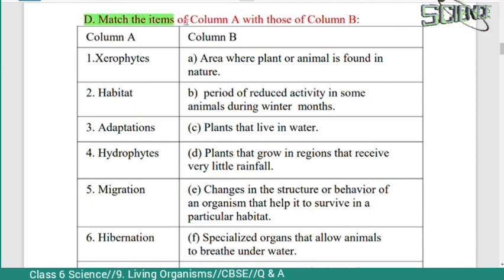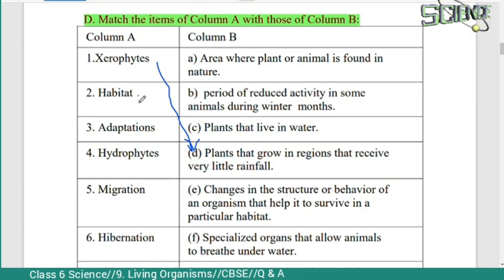Section D. Match the items of column A with those of column B. In column A, xerophytes it is given. So it matches with column B with D. Xerophytes are plants that grow in regions that receive very little rainfall.